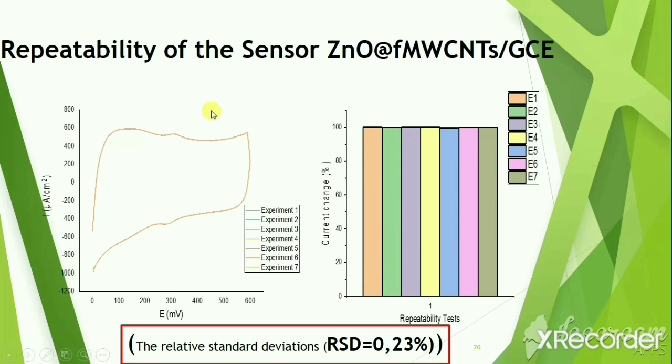To check the repeatability, we kept the same conditions, same modification, same electrode, and we repeated the experiment 7 times. As you can see, the RSD here is negligible, around 0%. So we can say that our sensor is stable, reproducible, and repeatable.